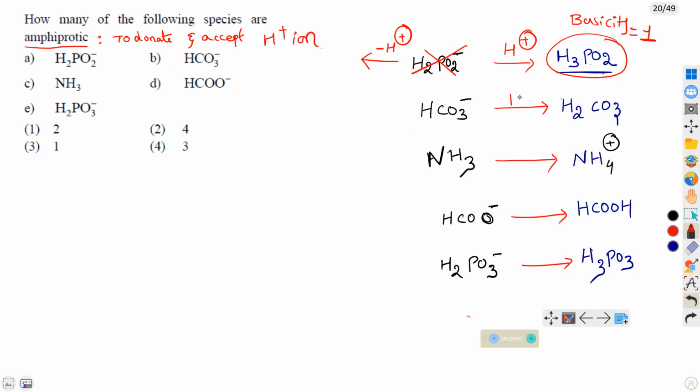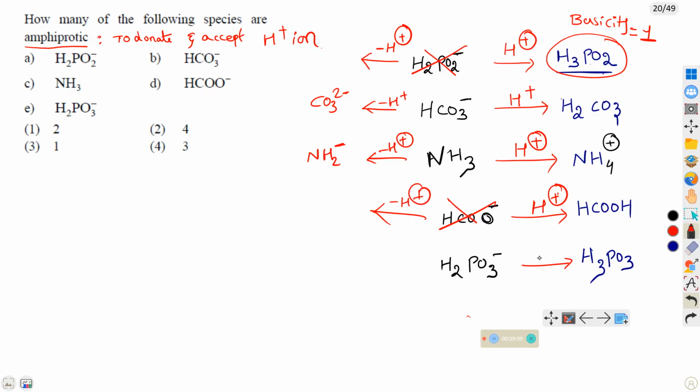HCO3 minus accepts H plus ions and donates H plus ions, and it gives CO3 2 minus. NH3 accepts H plus ions, forms NH4 plus ion, donates H plus ion and forms NH2 minus. HCOOH accepts H plus ions but does not donate H plus ions.